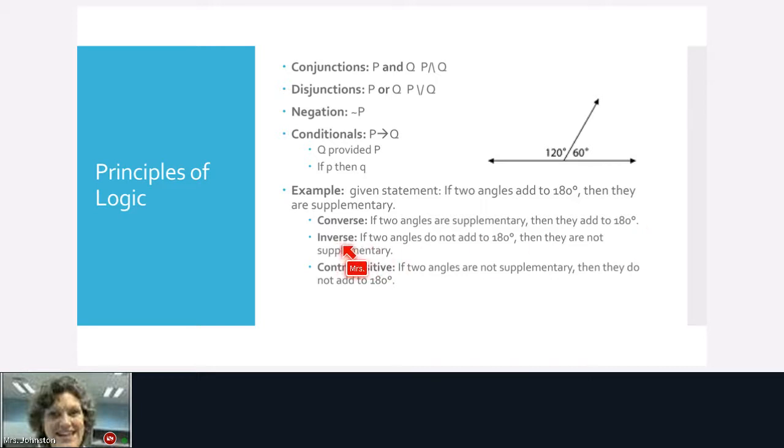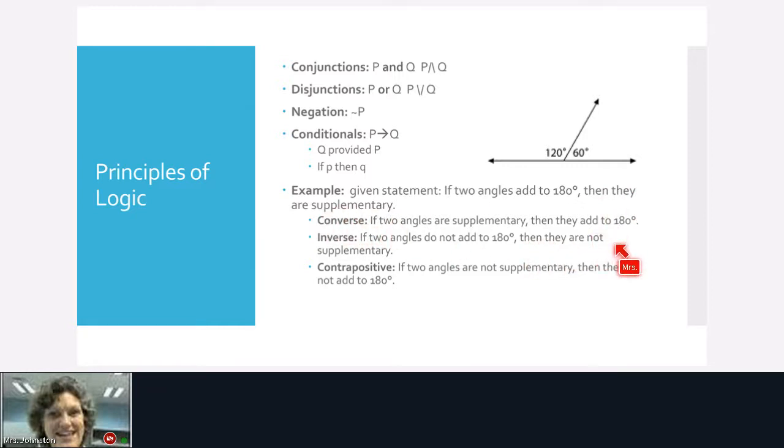The inverse, on the other hand, is when you keep the same order, but you negate both the if and the then part of the sentence. So instead of if two angles add to 180 degrees, you say if two angles do not add to 180 degrees. And instead of then they are supplementary, you say then they are not supplementary.